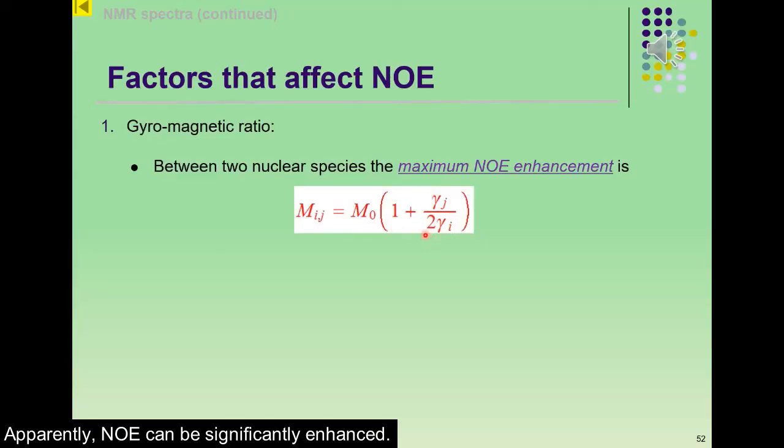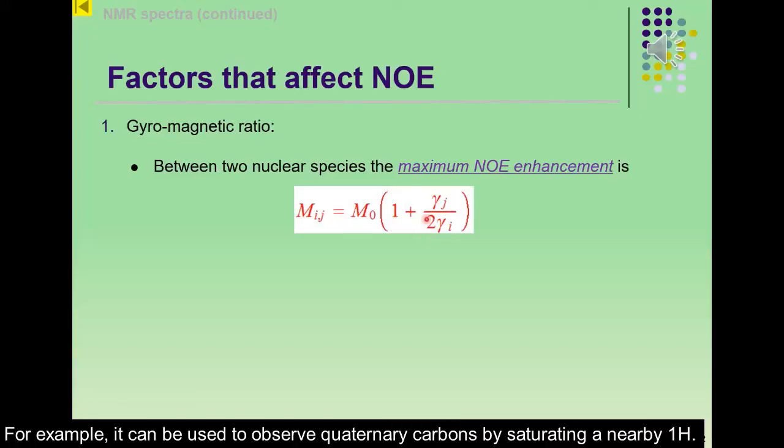Apparently, NOE can be significantly enhanced. For example, it can be used to observe quaternary carbons by saturating a nearby 1H.